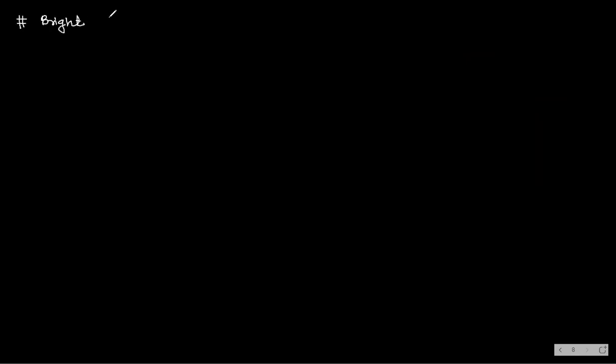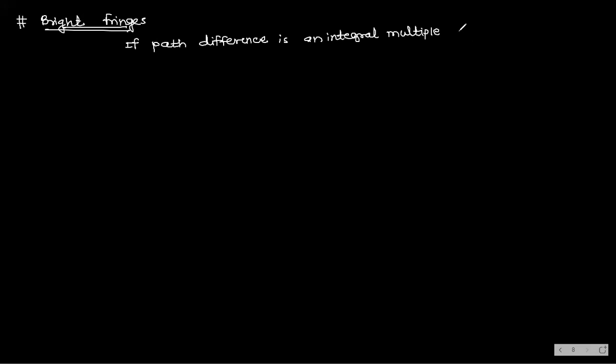What is that? Bright fringes. When we will get bright fringe, see, if path difference is an integral multiple of wavelength lambda, then point P is bright.